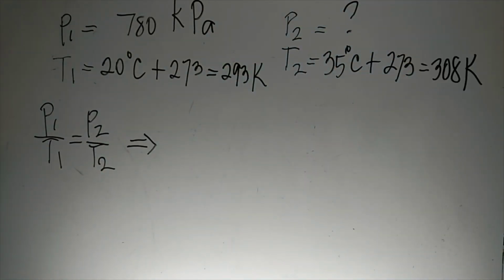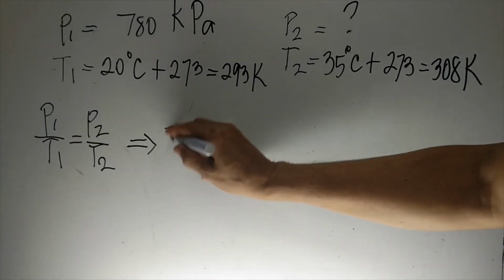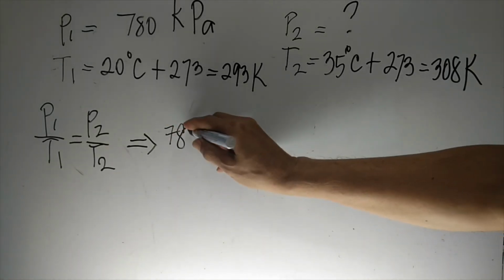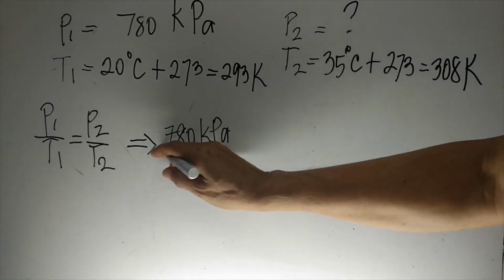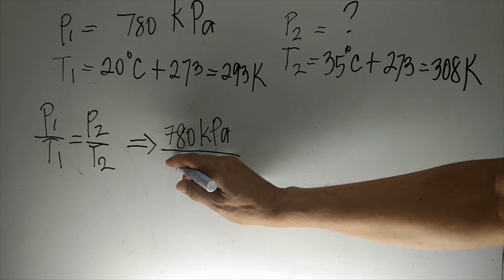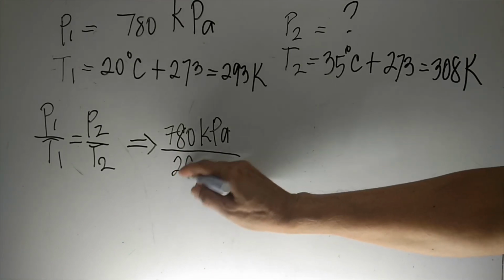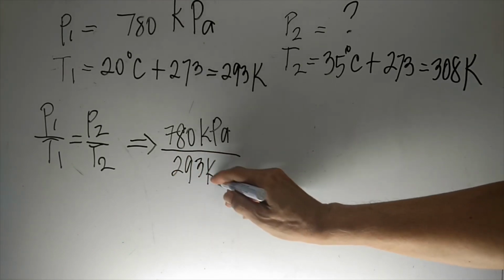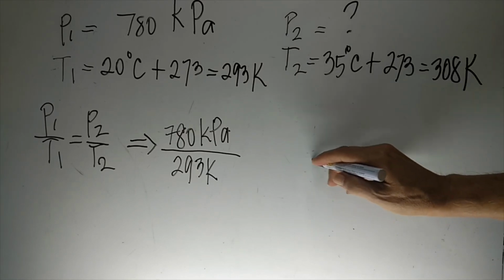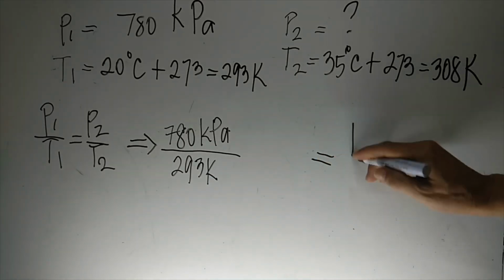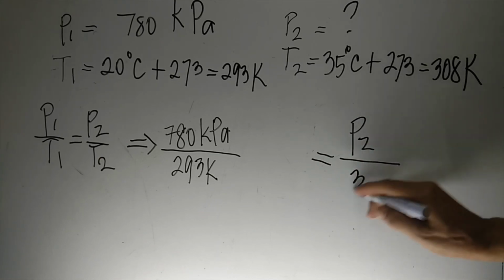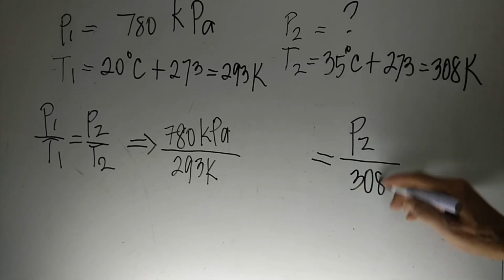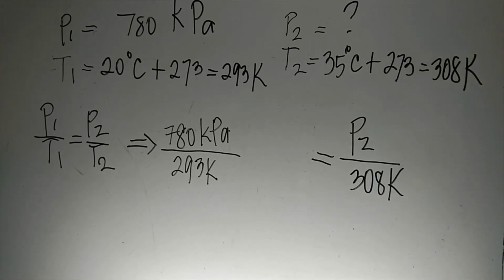Substituting all the values to the formula, this will become 780 kilopascals over 293 Kelvin is equal to P2 over 308 Kelvin.